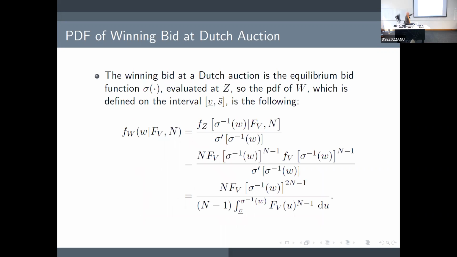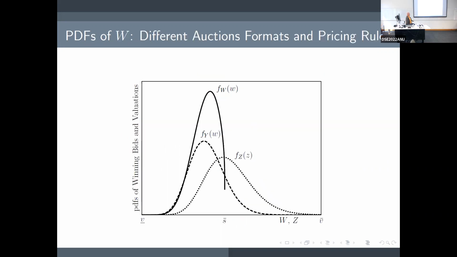What about if you take a transformation, namely the bid function of the highest valuation? Well, you plug it in here, and then you get this, right? So if you were looking at data, what you should find is that the winning bids at English auctions sometimes go far out into the tail.